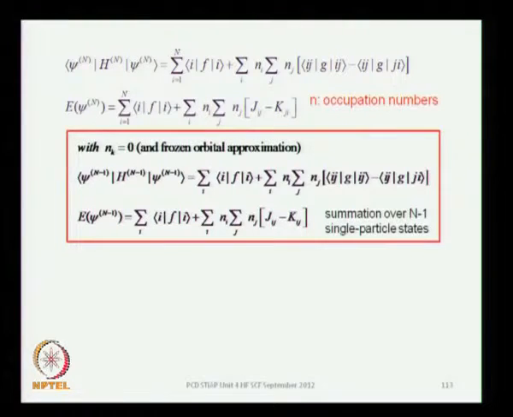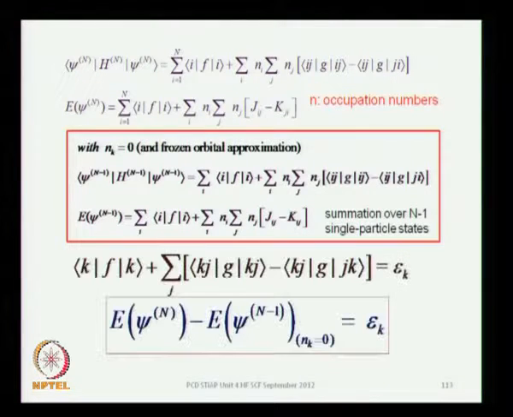You are summing over all the other states, only the one for i equal to k is 0, and if you then take the difference, you find that it will give you the kth Lagrange multiplier.